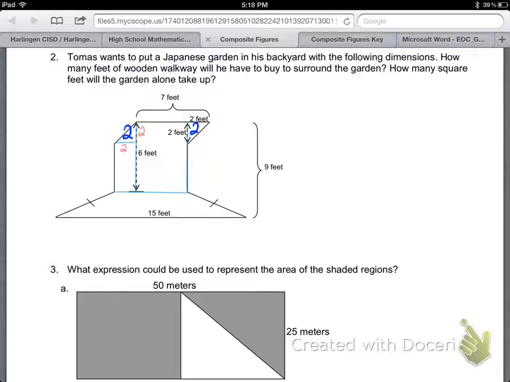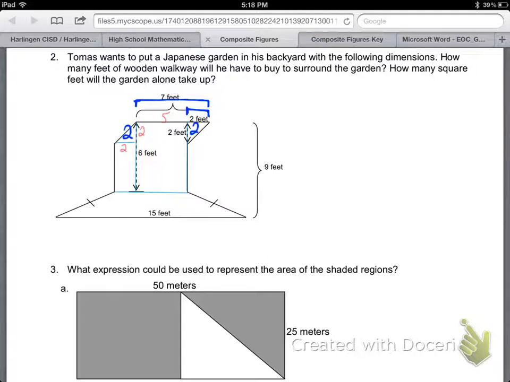Now, if from here to here is 7, but here to here is 2, that makes this 5. So now I'm going after this one, this rectangle. Length times width would be 5 times 6. 5 times 6 is 30.